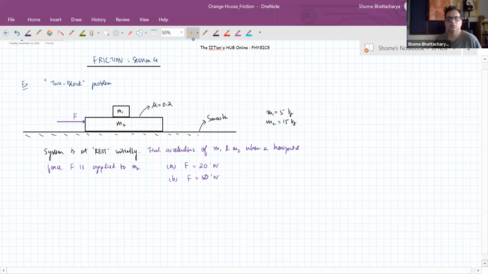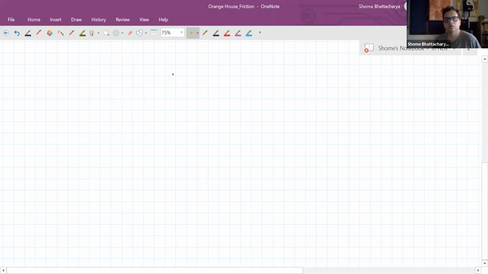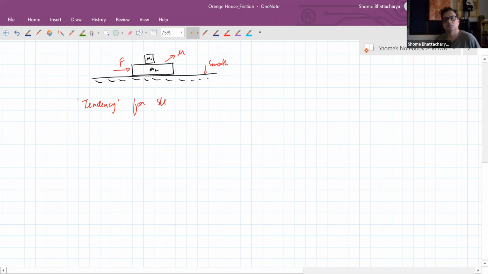So what happens here is that the moment we apply this force to this block, this is a smooth surface, so the tendency to slip, how do we understand the tendency for slipping?